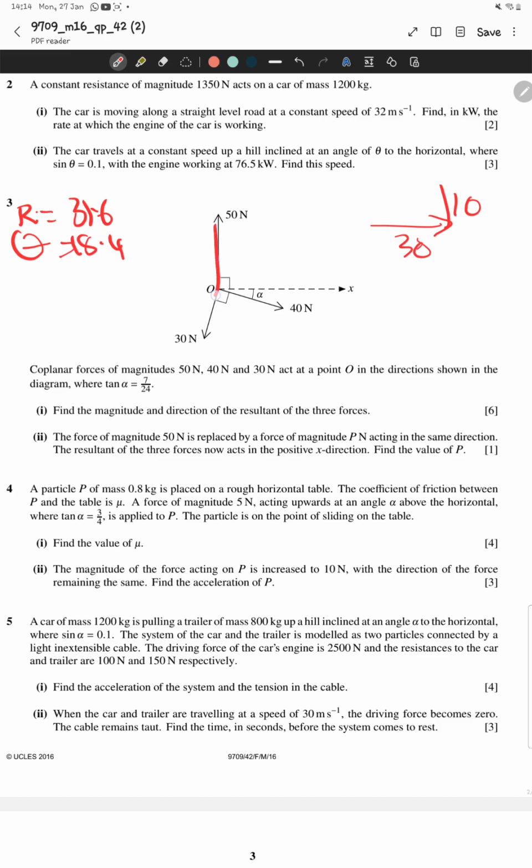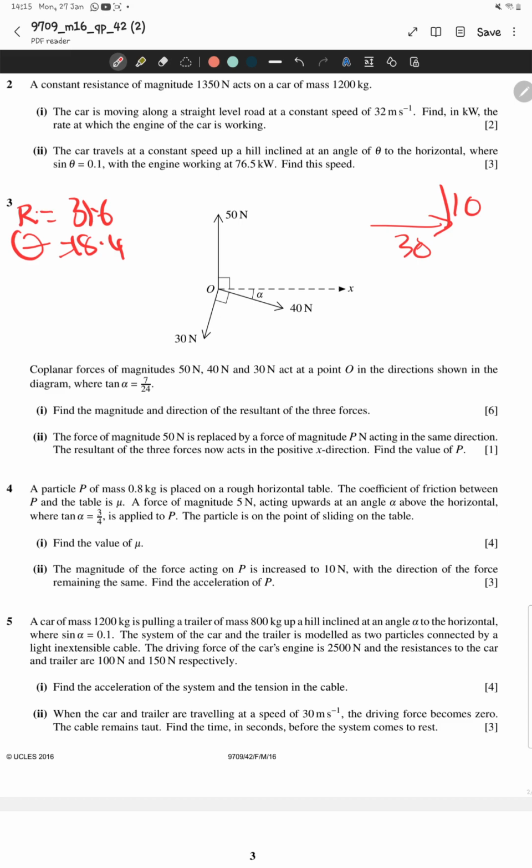Which means that there is no upwards force. It's purely horizontal, which means that the vertical forces must cancel out, right? So whatever P is, this is P, must be equal to both of these combined, because there's no resultant force in the vertical direction.